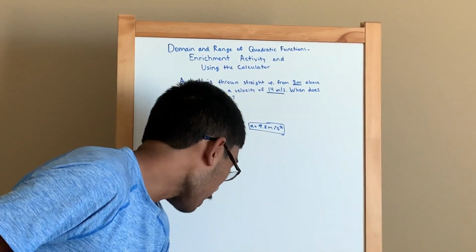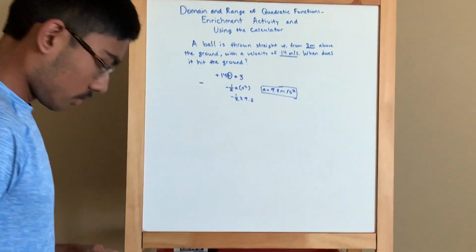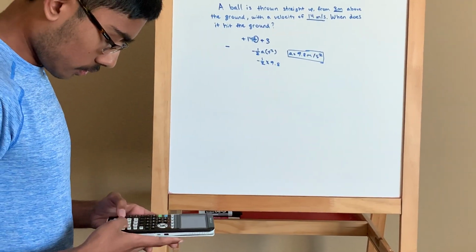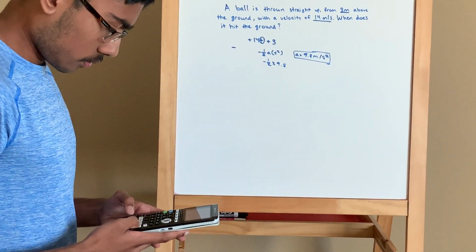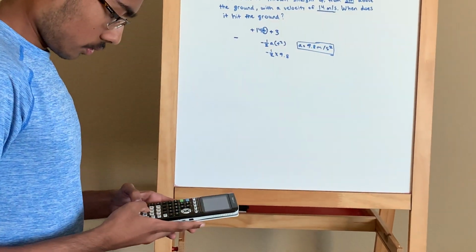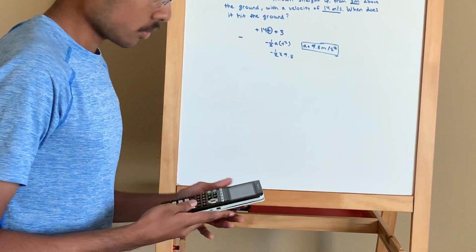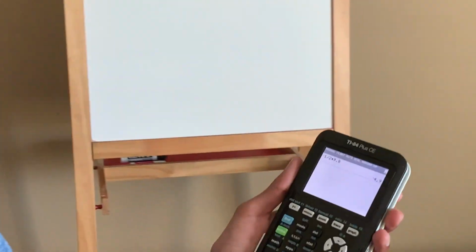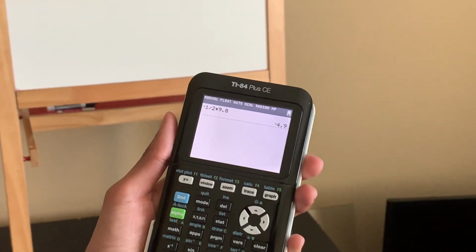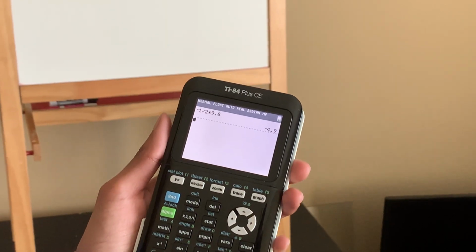And if you're to use the calculator, you see here that we got -4.9. So approximately this would be -5.